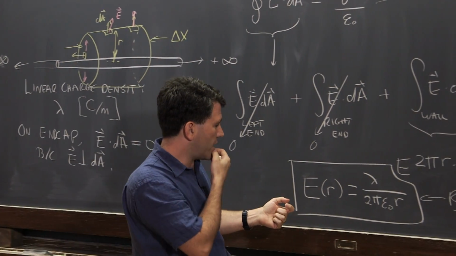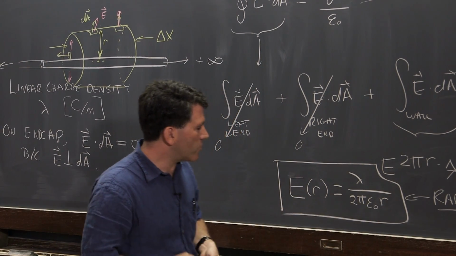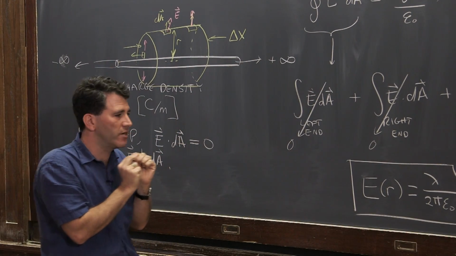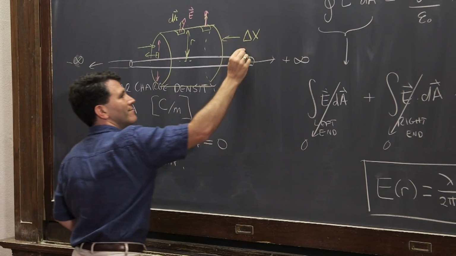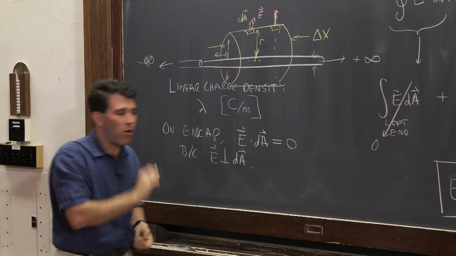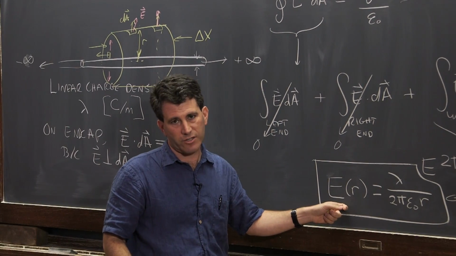And the other thing I wanted to point out is that as you get very, very close to the axis, assuming we have an infinitesimally skinny line of charge, assuming that the little diameter I drew here is actually very, very small, the electric field can get very, very large.